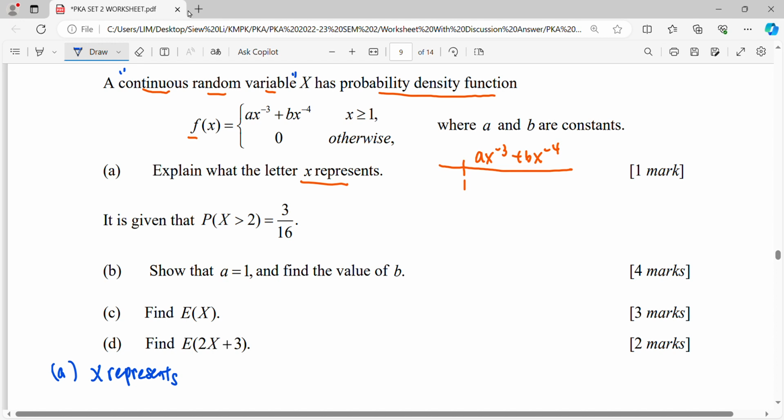So they want you to explain: x represents the possible values taken by x in the interval. Alright, so this question is asking for your definition of x.